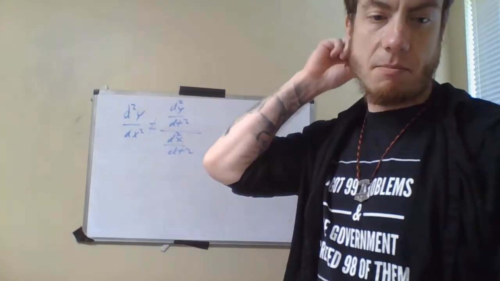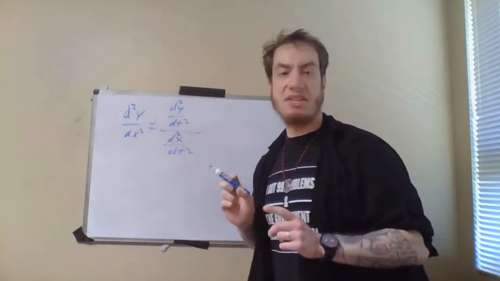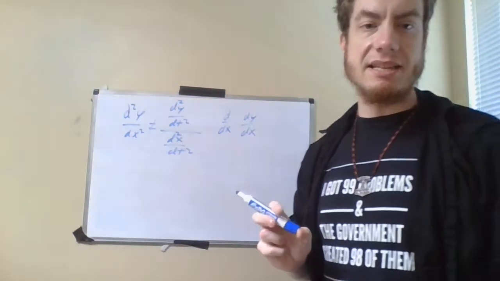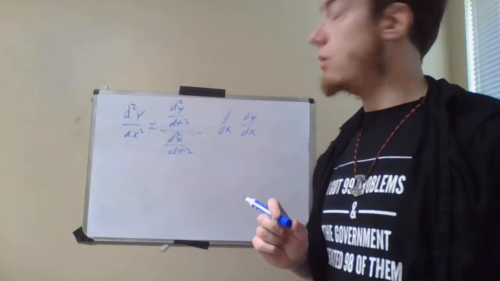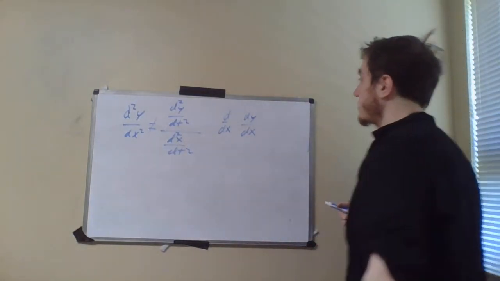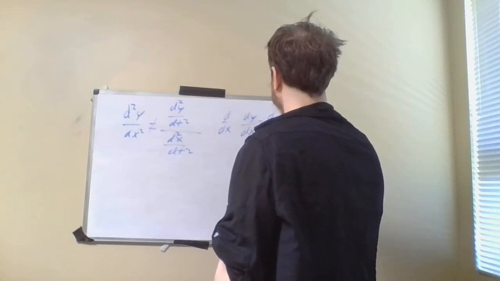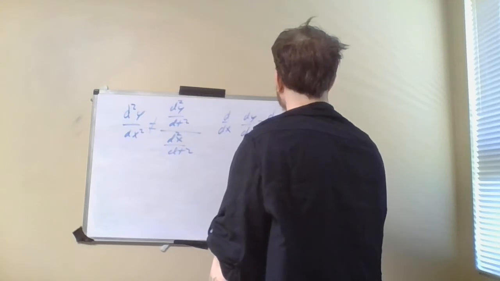What you end up having to do is take the derivative with respect to x of dy by dx. Now, what you know is that the derivative of y with respect to x is dy dt over dx dt.